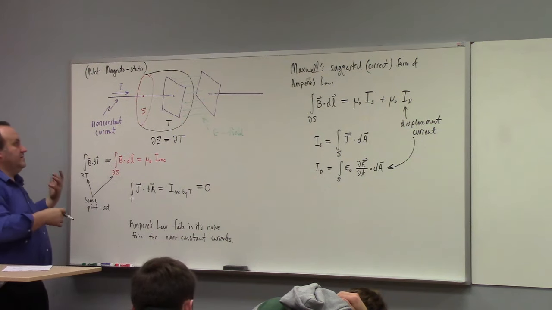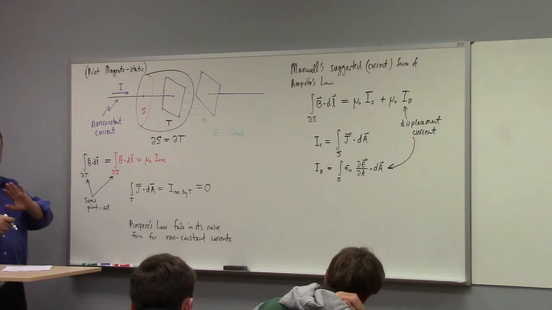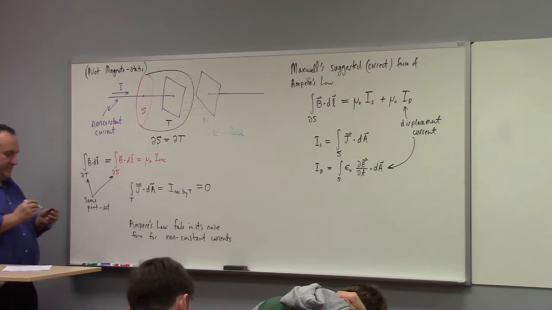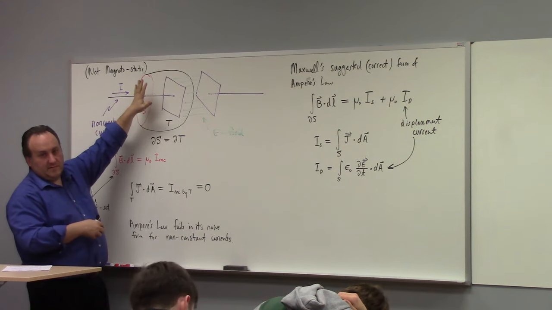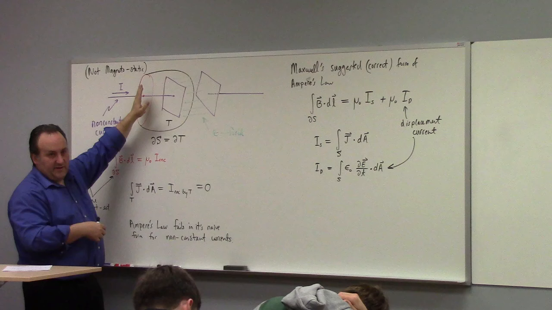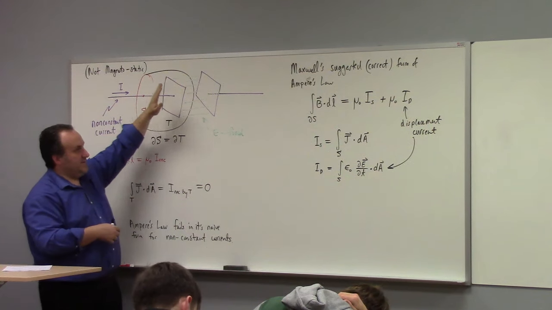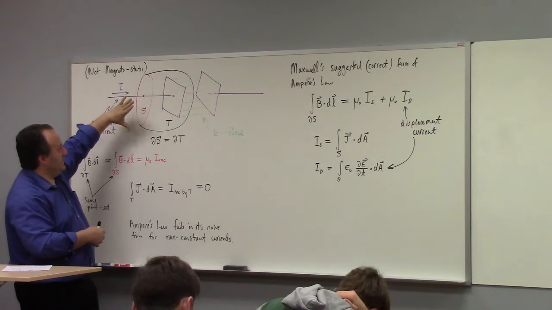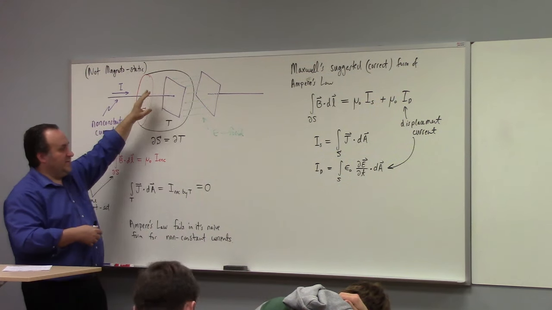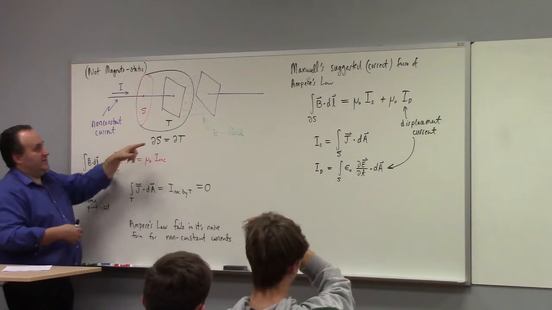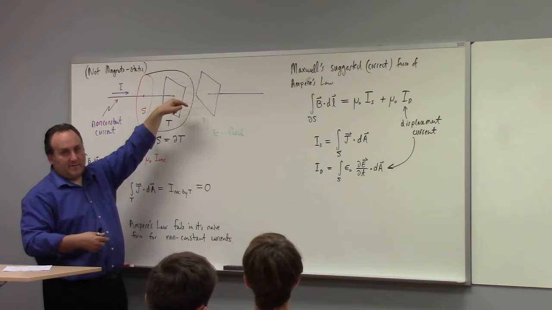And then the counterexample I'm showing you no longer is a counterexample. Because the current through S is changing, but guess what? So is the displacement current. So when I change from the S surface to the T surface, I don't face a logical contradiction because I still have a non-trivial displacement current through the black bubble.